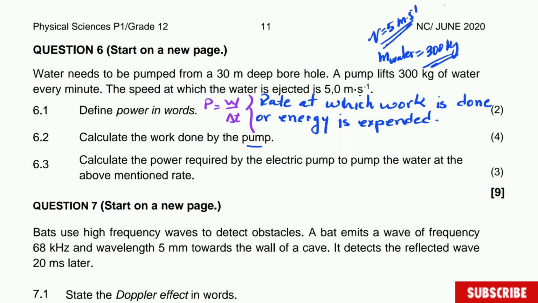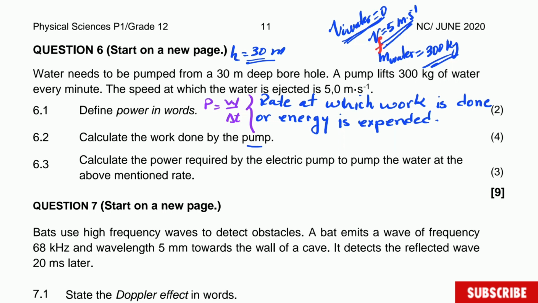So in this case, this one is going to be the final speed. You need to know that the initial speed of the water is equal to 0, because that is when the water is right at the bottom in the borehole. And the height from which the water is going to be pumped is 30 meters.